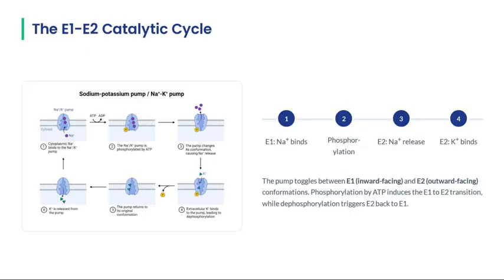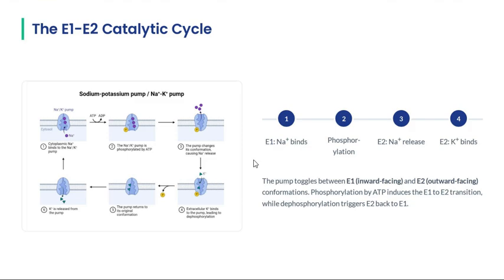Okay, next we're going to go into the E1 and E2 catalytic cycle. So as you can see here, we have a figure demonstrating the sodium-potassium pump, the Na+/K+ pump. You can pause the video and look at this now. But we have four different stages of E1 where the sodium ion binds, and then we have phosphorylation, then the Na+ releases, and then the K+ binds.